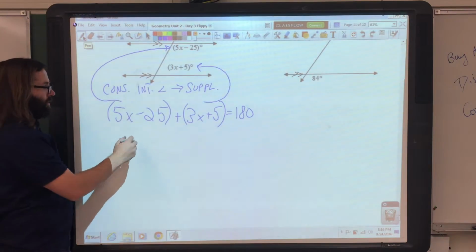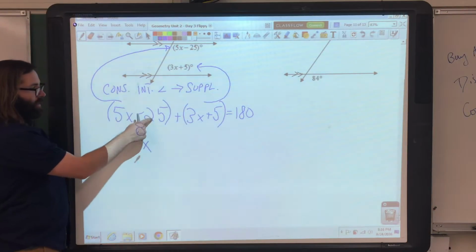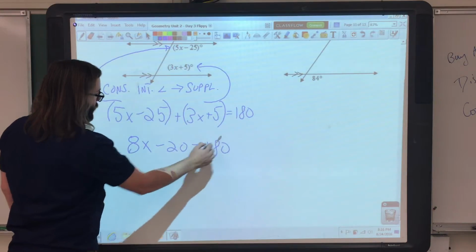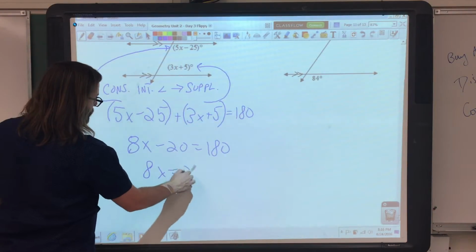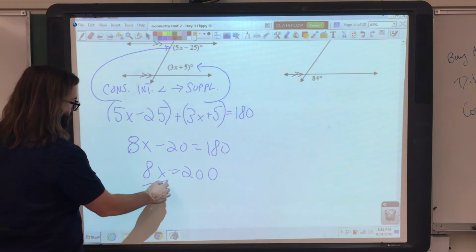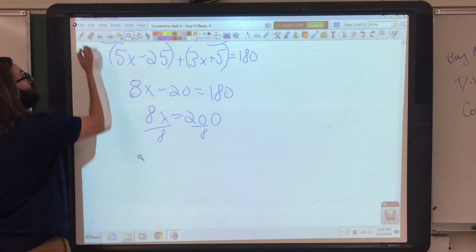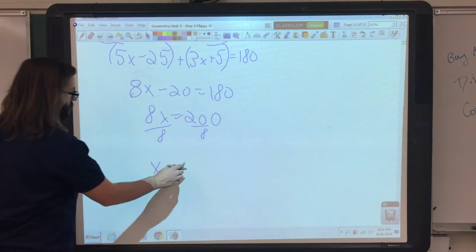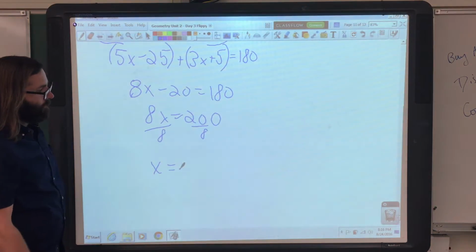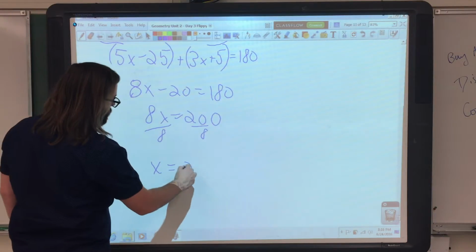So we combine like terms, you get 8x. Negative 25 plus 5 is minus 20. 180. 8x is 200. So to get rid of that, you divide by 8. And finally, you have x equals 25.